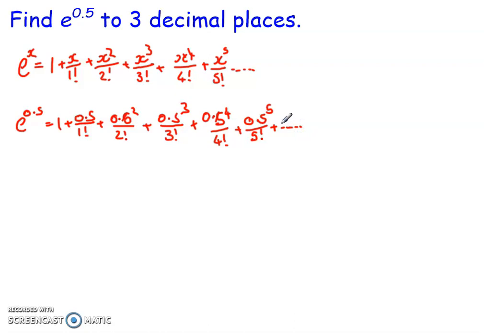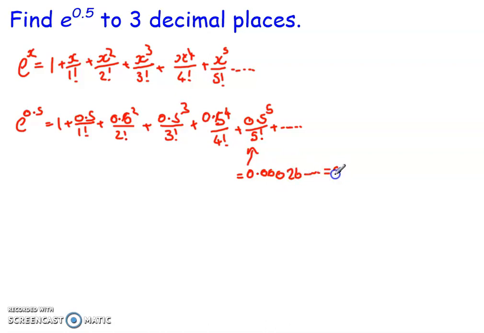Well, if we use the same sort of logic as we did before, if we look at this term here, the 0.5 to the power of 5 over 5 factorial, what that equals is 0.00026, and then it continues on.